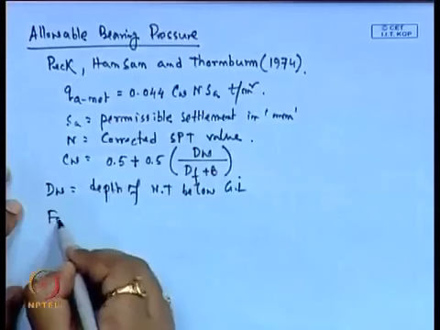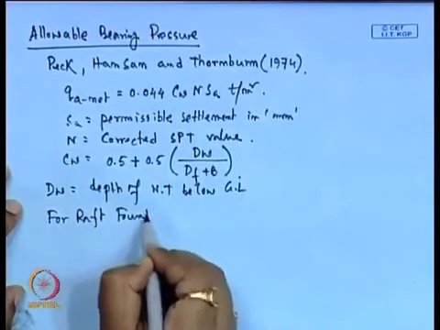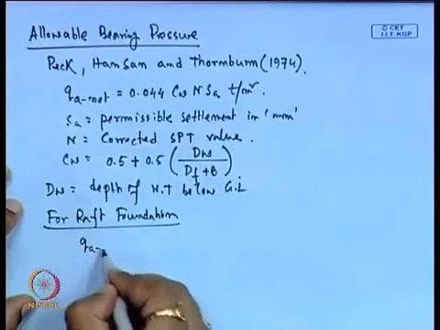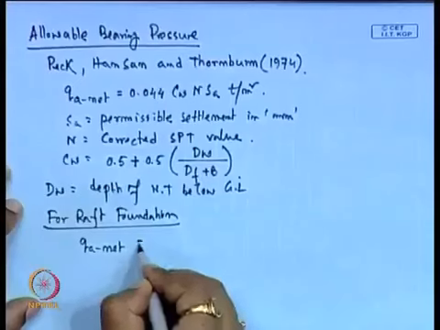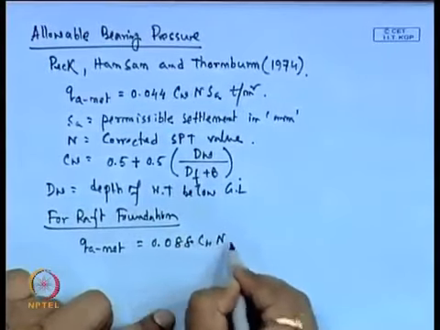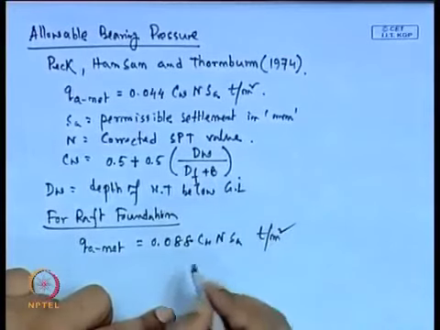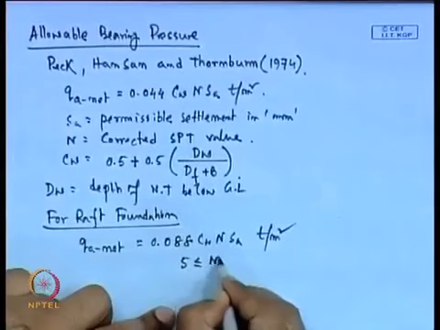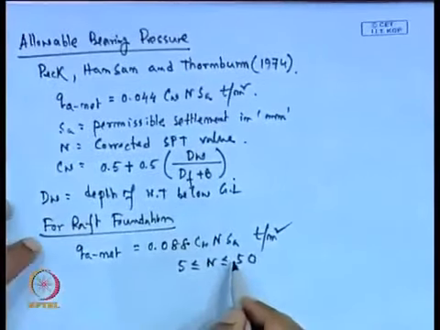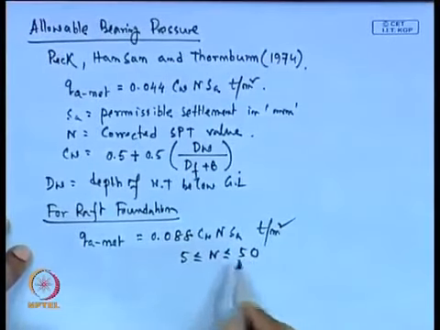Similarly, for the raft foundation, this qA net is 0.088 Cw in S, that is also ton per meter square. This is applicable within 5 to 50 N value.